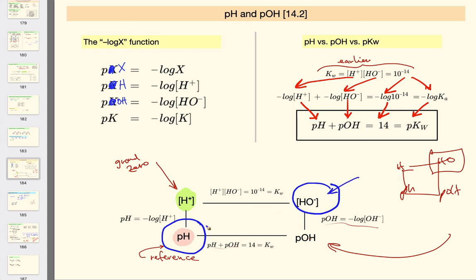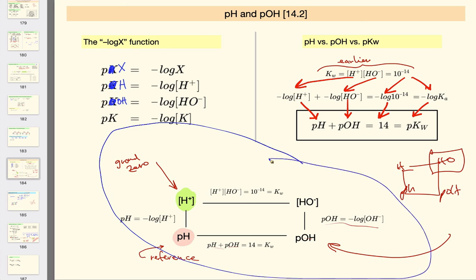And the question would be, why is it asking me about pH if it's a base? Easy, because they're the same thing. So realize, anytime you have information and you can get it on this little cube here, you should be able to go around the cube fluidly and convert any one of those to another. That is a critical core competency you will need for the next exam, I can assure you.